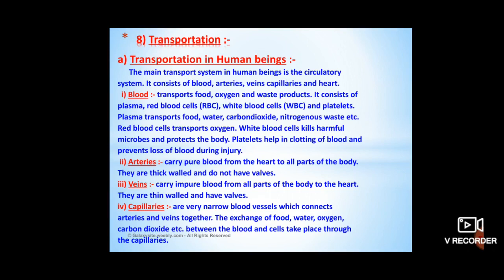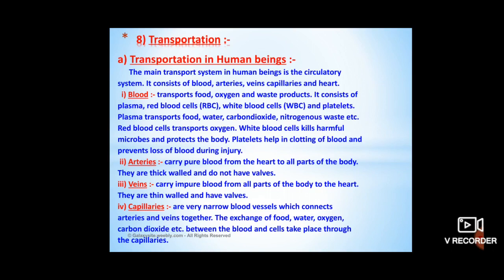Dear children, every human body has its own immunity power. This immunity power helps to fight against disease causing agents. This immunity power is provided by the WBC only, that is, white blood cells. White blood cells kill the harmful microbes and disease causing agents and protect our body.